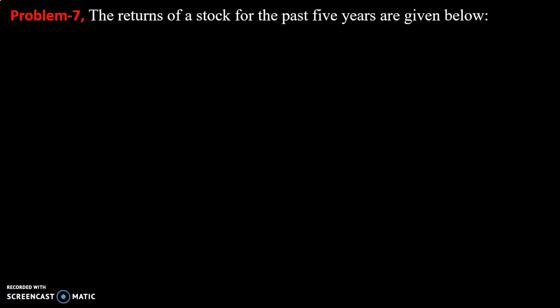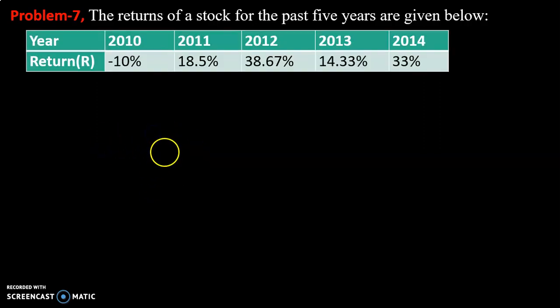Dear students, we will discuss another problem number 7, when the standard deviation and expected return are not given in the question. This is the question: year 2010 return minus 10%, 2011 return 18.5%, 2012 return 38.67%, 2013 14.33% and 2014 33%.